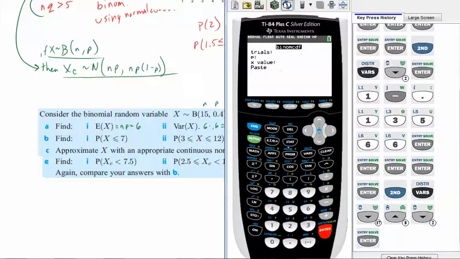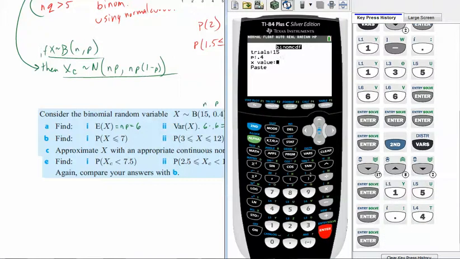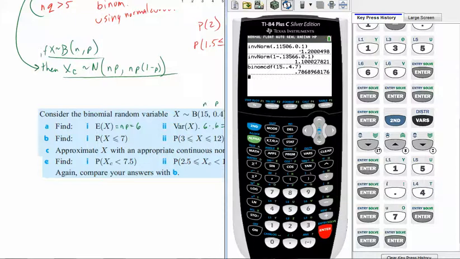My trials will be 15, the probability will be 0.4, and the x value will be 7, and this will give me everything from 7 down. And I get 0.787.